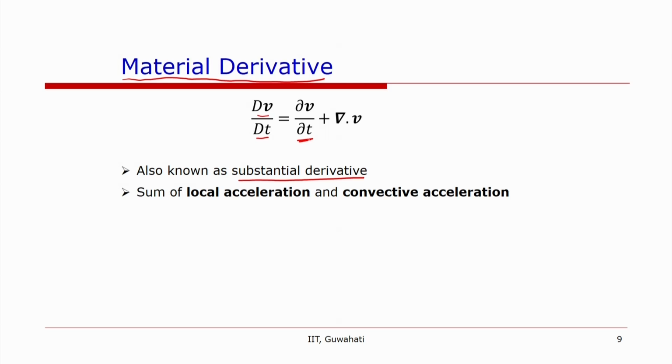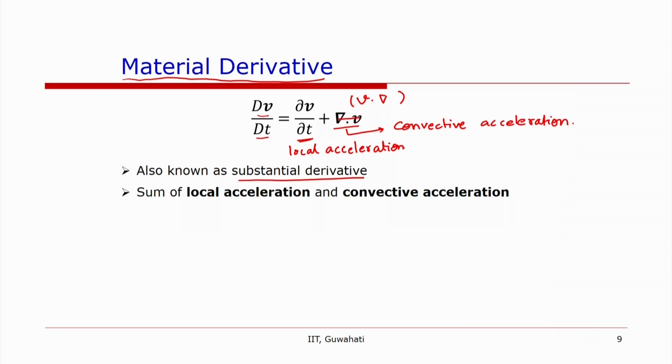The first term, del V over del t, is known as local acceleration, and V dot del, actually it should have been V dot del, is the convective acceleration. In a partial differential equation, if you have any property that depends on time as well as Cartesian coordinates, then its total derivative will be with respect to time as well as with respect to the Cartesian coordinates.